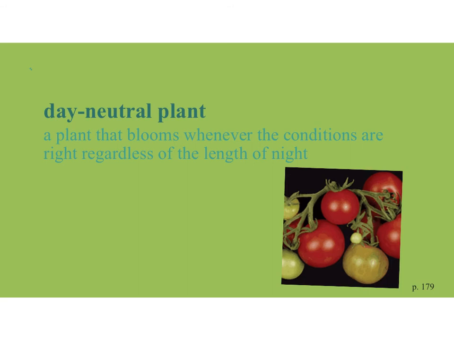They won't grow in the wintertime. They can't thrive in that type of soil. But they grow whenever the conditions are right, meaning temperature, and they have enough moisture, regardless of the length of the day. Cucumbers are also another example of a day neutral plant. Why is that? Well, they grow in a garden typically, and they grow whenever the conditions are right.